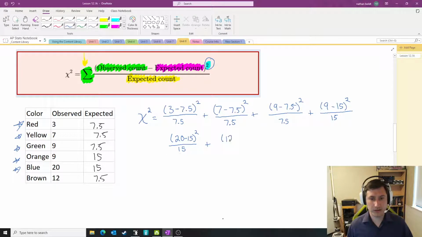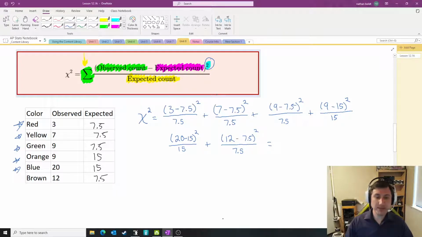So 12 minus 7.5 squared divided by 7.5. What am I doing? So that will give us our chi-squared test statistic.